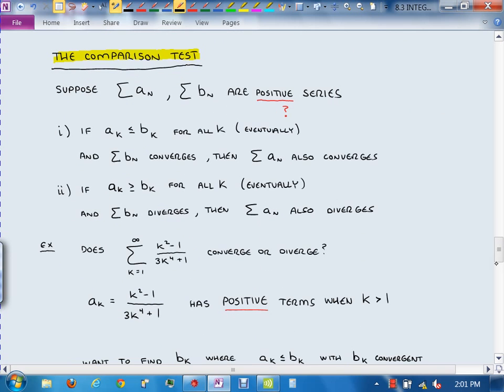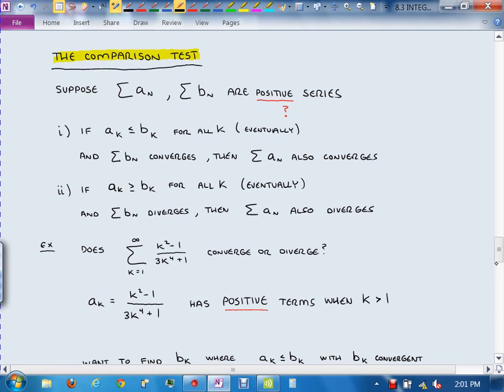The next one is what's called the comparison test. So let's say we have two series. Again, a sub n, b sub n. These are adding up all these terms forever. And they're both positive. What do you think I mean by positive?